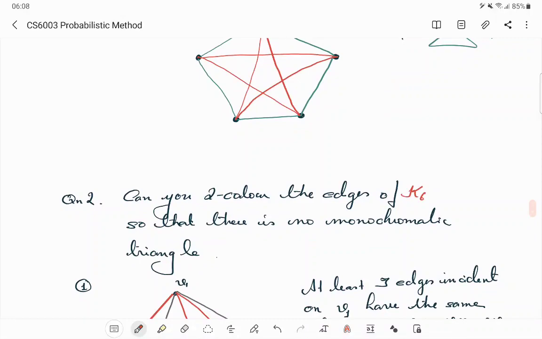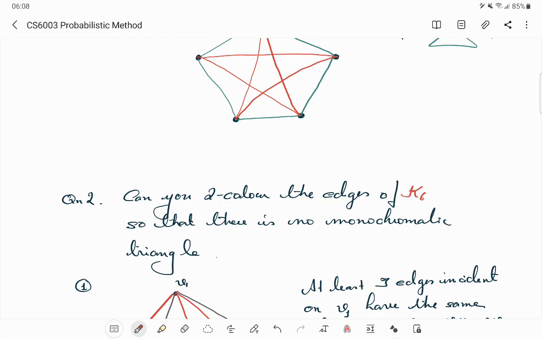By the way, the objective of this course is not just to cover what the probabilistic method is, how it is used, and so on. What I would like is if each of you would end up proving something of your own.